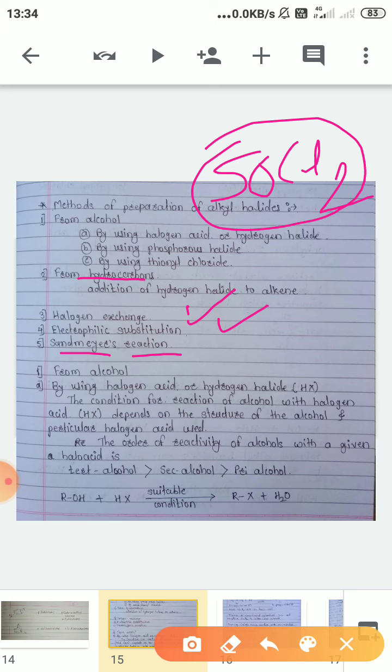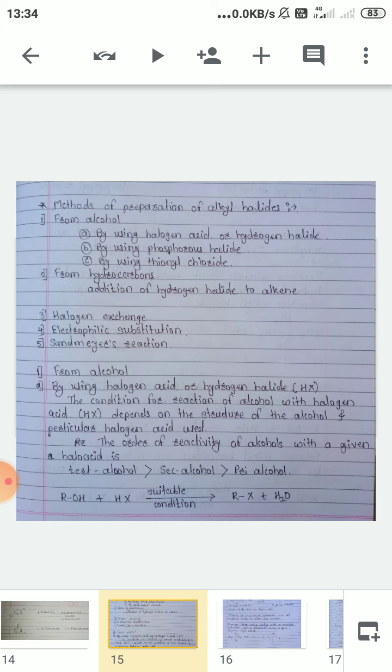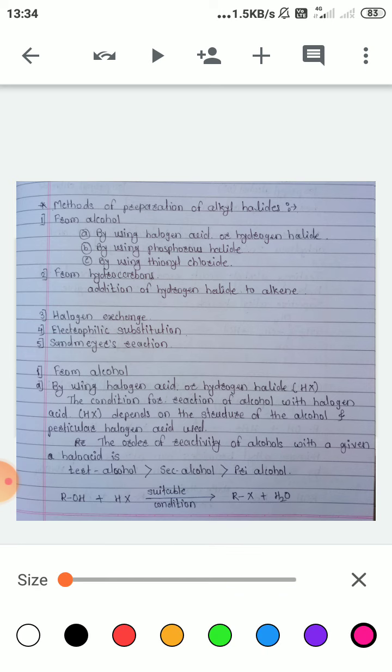That means how we can prepare alkyl halides from alcohols. Now, first one, by using halogen acid or hydrogen halides, that is HX. The condition for the reaction of alcohols with halogen acid depends on the structure of alcohol, that means whether the alcohol is primary, secondary, or tertiary.